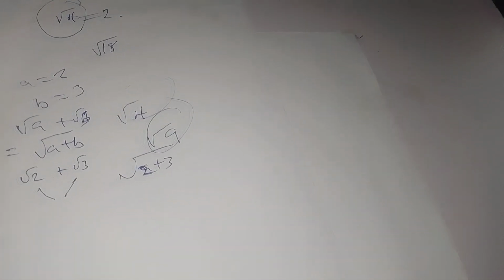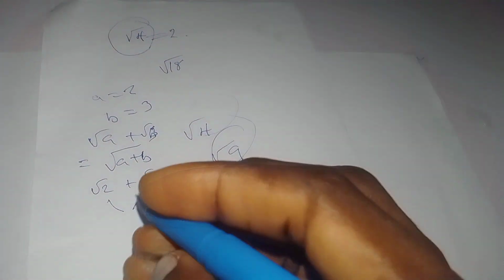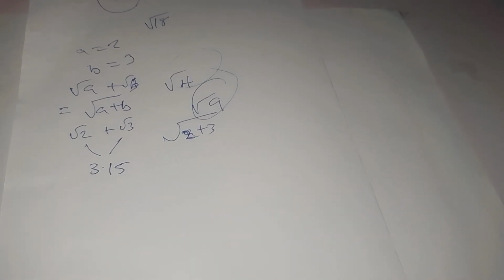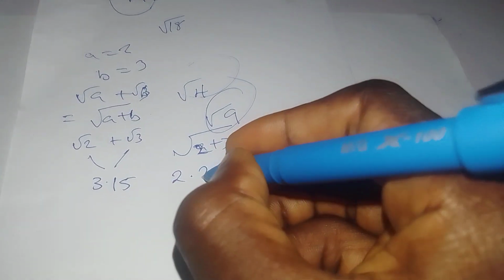The square root of 2 plus the square root of 3 separately added gives about 3.15. And the square root of 2 plus 3, which is the square root of 5, gives us 2.24.